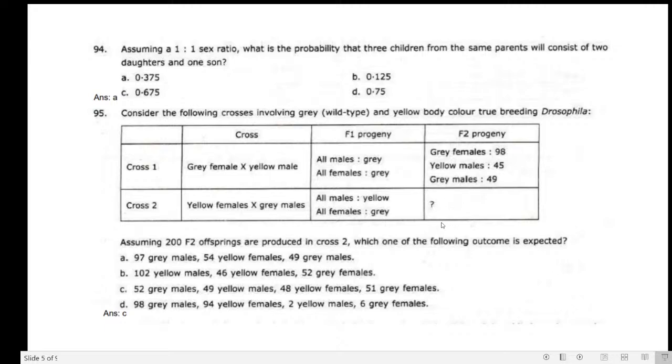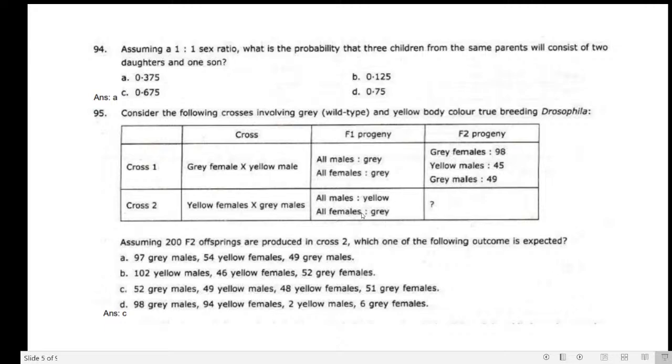Here they mention that all males are gray and all females are gray, and they make a second generation. In that generation, most of the males and females are gray.